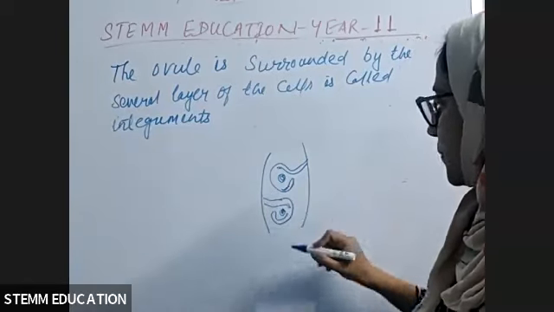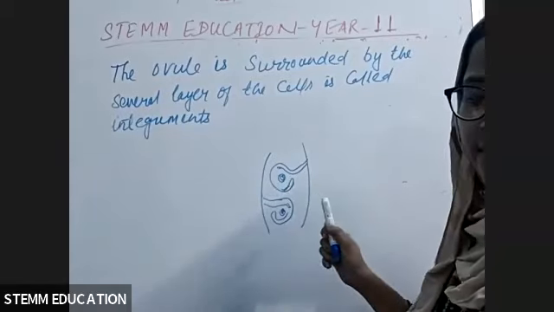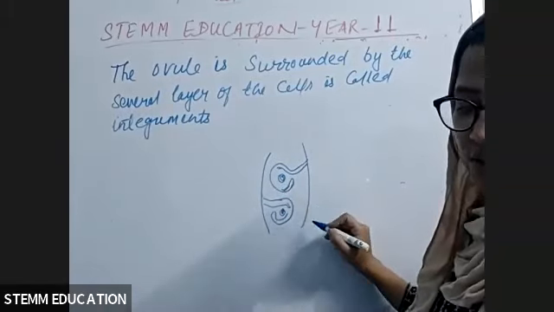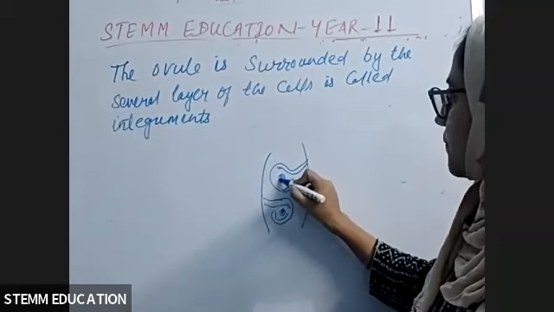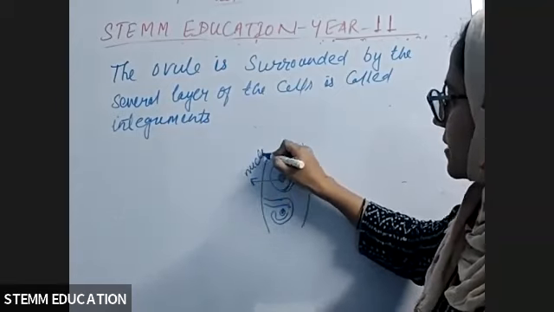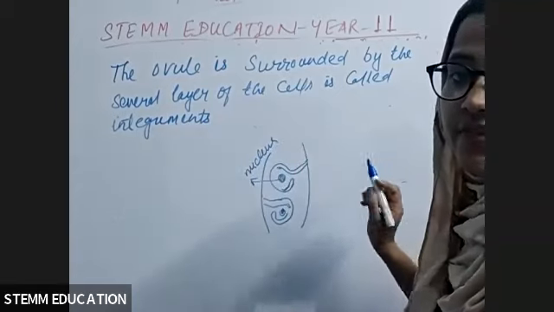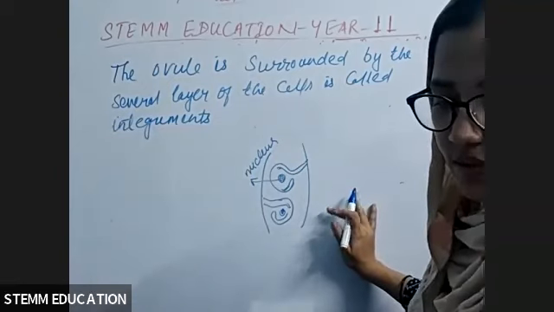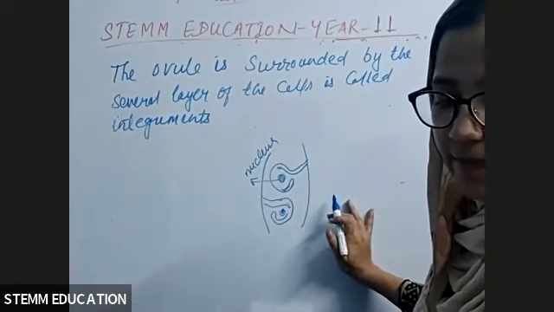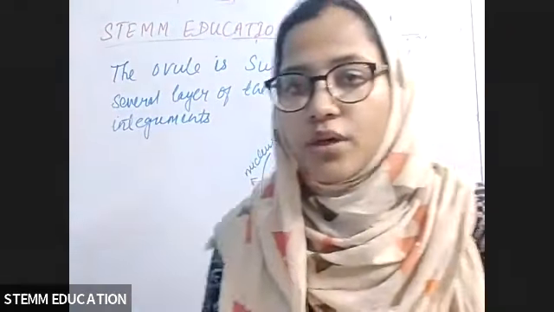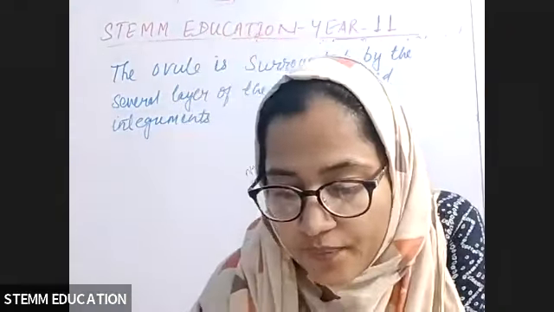This one is the ovule, and the shaded part inside is known as the nucleus, the nucleus of the female reproductive gamete. Fine. And this one is known as micropyle. You can refer to your book and look at the picture.